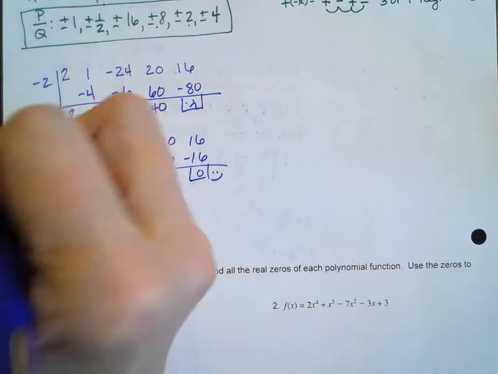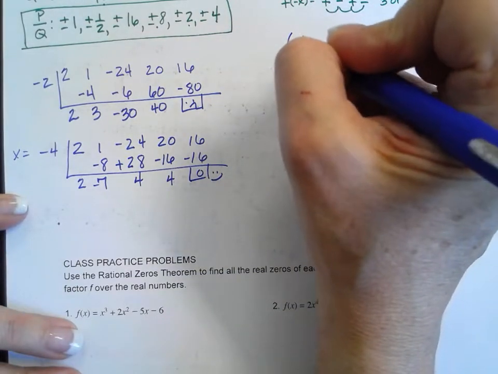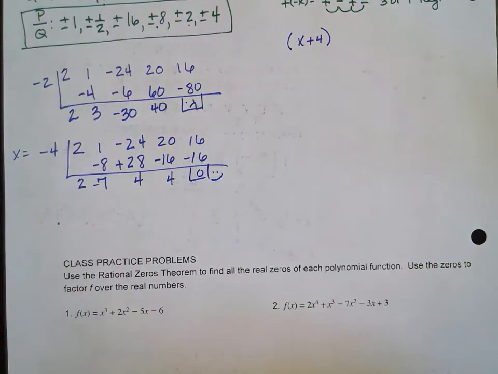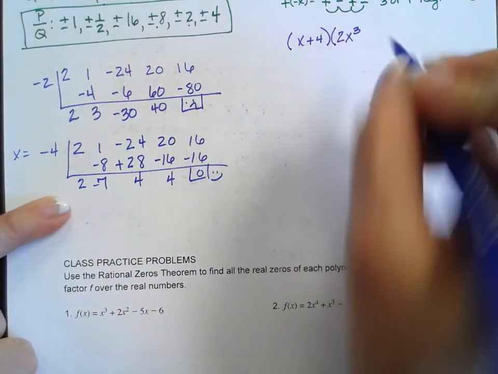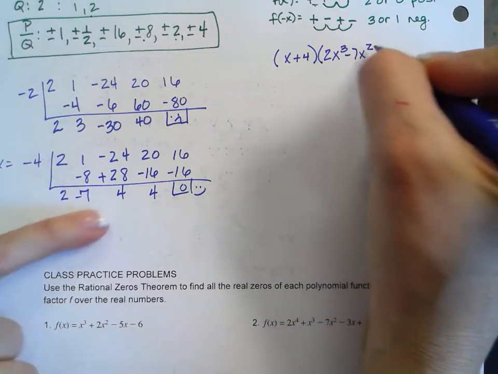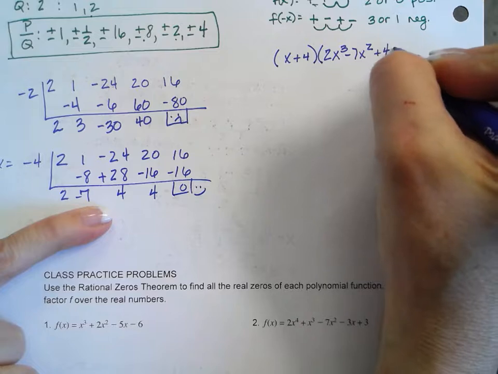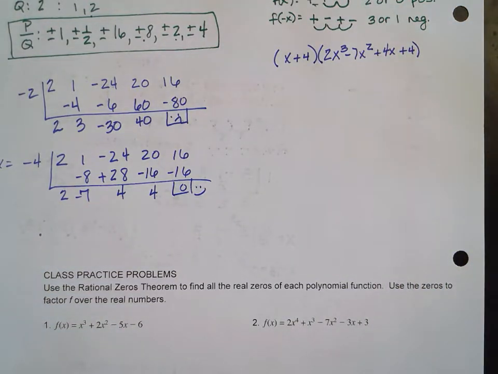All right, so that means x is equal to negative 4. So that means I have one factor of x plus 4. And that means I'm left with 2x cubed minus 7x squared plus 4x plus 4. So I got to keep going.